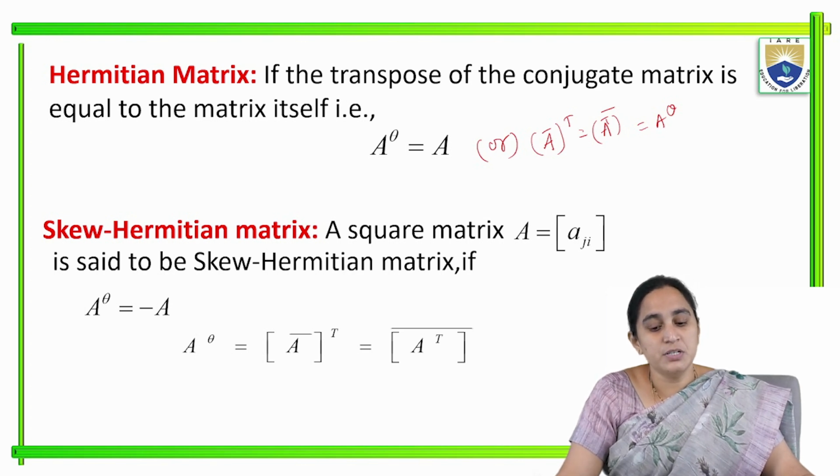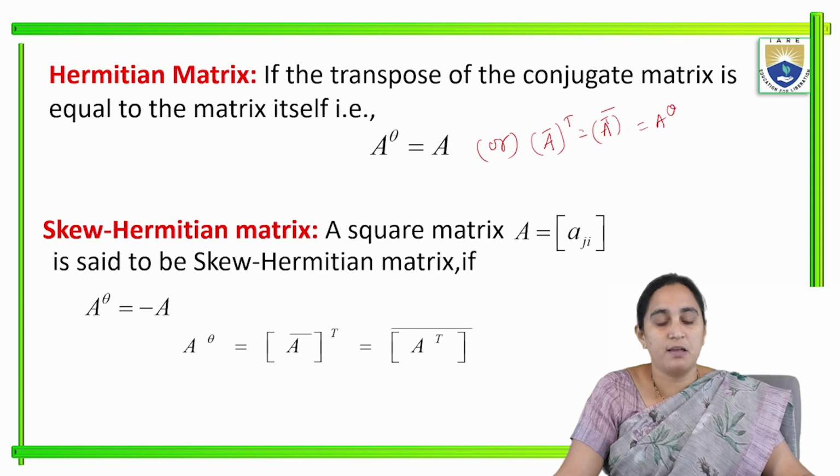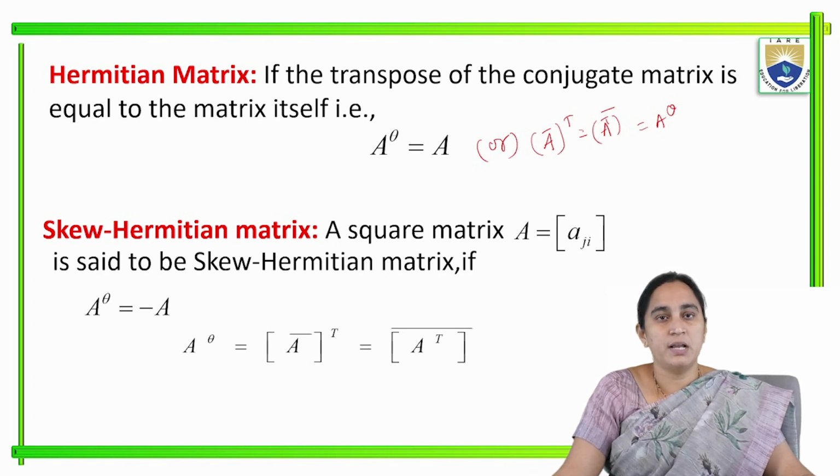And the next definition, skew Hermitian, is the same as the Hermitian matrix with only a small difference. A square matrix A = [aij] is said to be a skew Hermitian matrix if A^θ is equal to minus A. What is the condition for that?